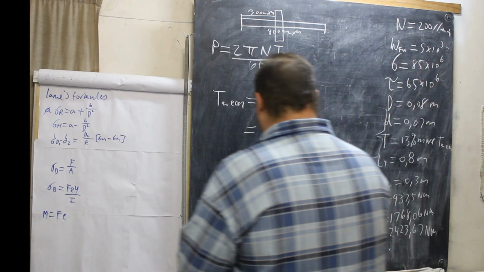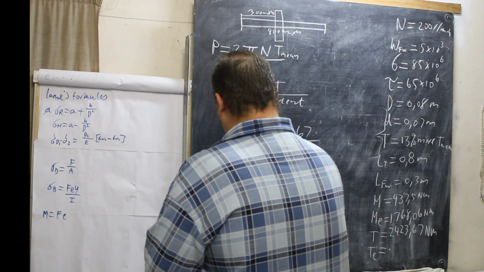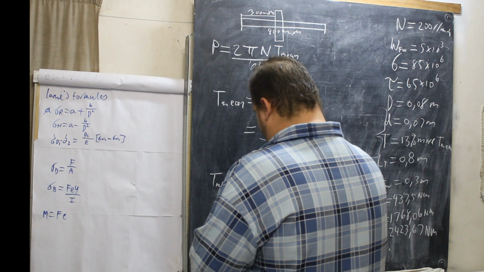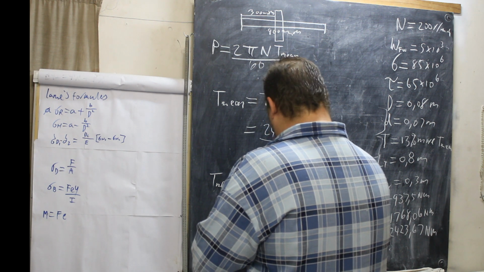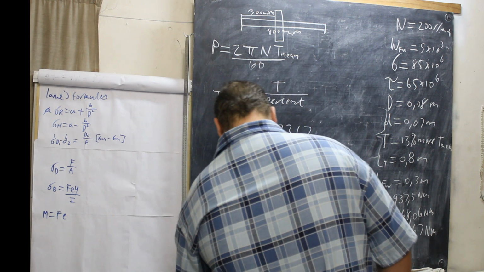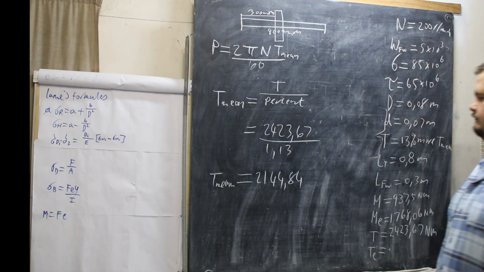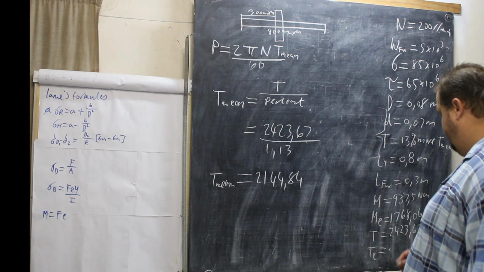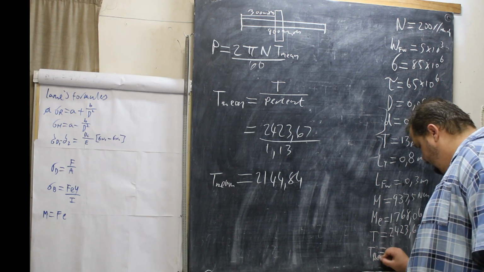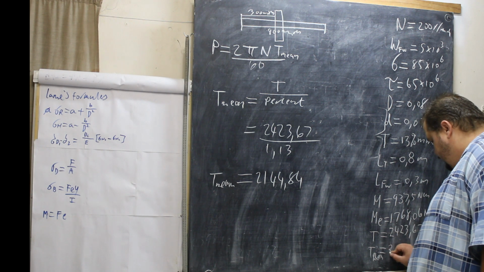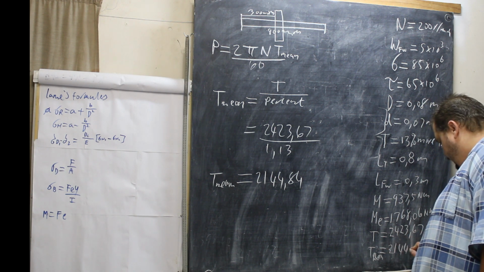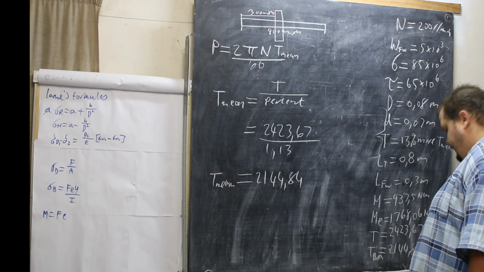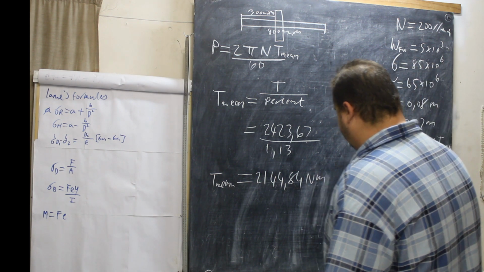And that gives us t mean of 2144,84. So t mean is 2144,84 Newton meters.